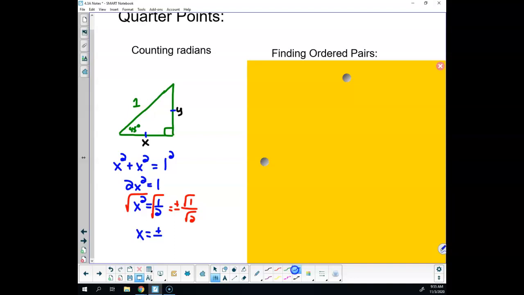Well, in true mathematics, we don't like 1 over the square root of 2.